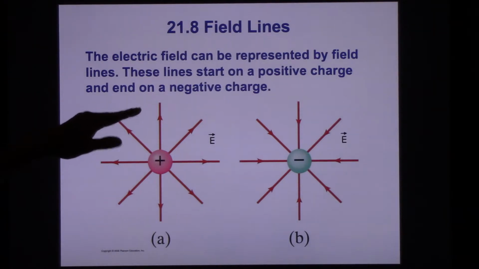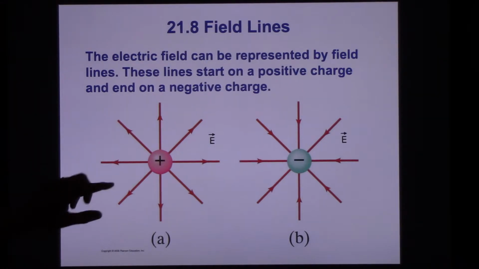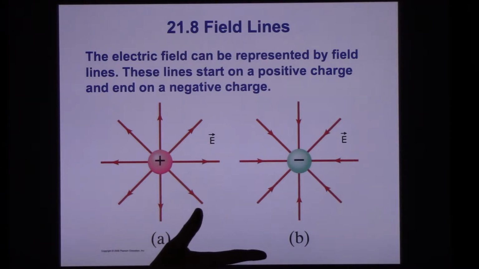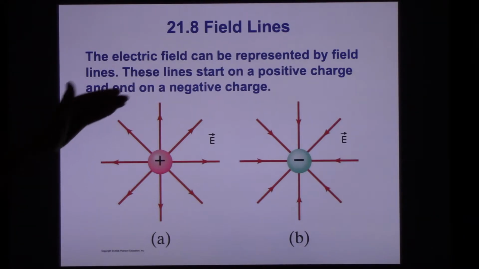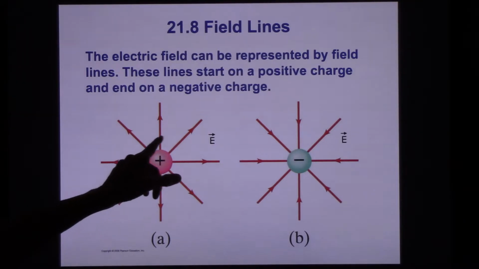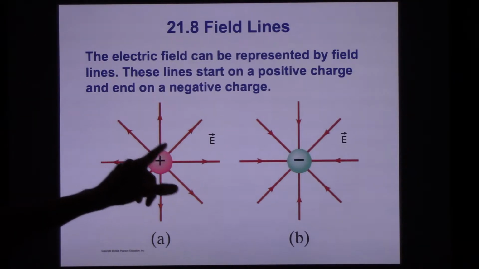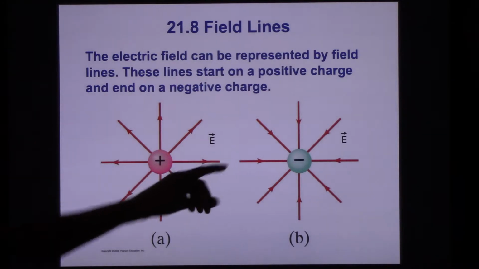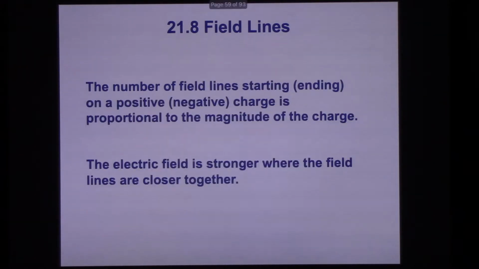And then what we can say is that as the field lines begin to spread out, the E field is not as strong. The density of the field lines tells us how strong the electric field is, and the density of E field lines is highest near the charges, and it drops off with distance.